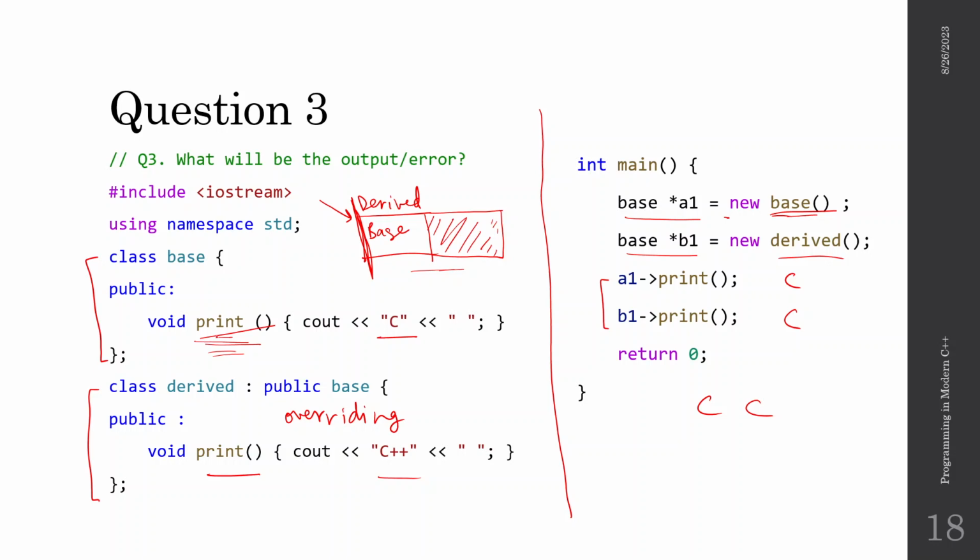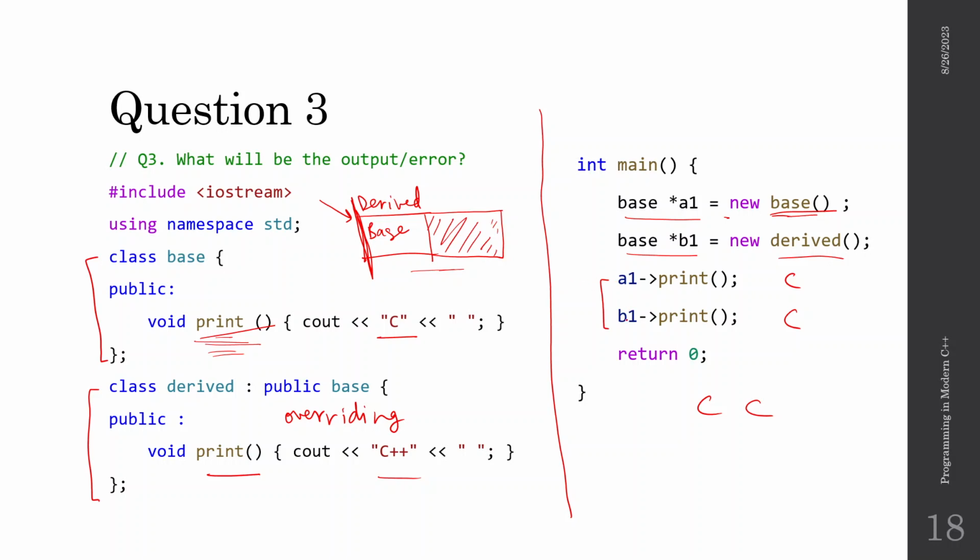All the functions which are defined in the base class, they are the base functions. So you can take this small base object and you can run all of the base functions. It is technically possible. Maybe it won't make sense logically, but from the perspective of the programming language, there will not be any problem.